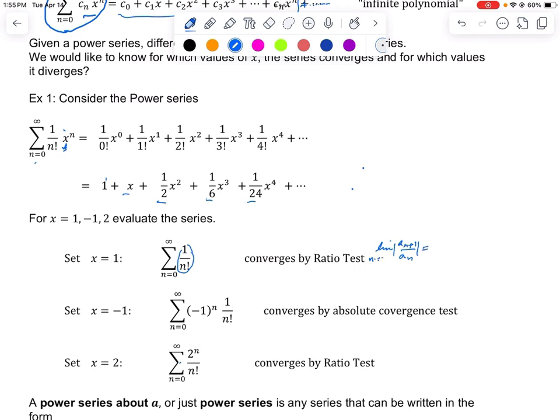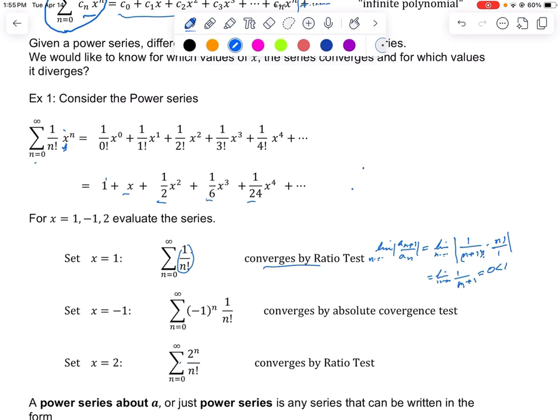That will be equal to the limit as n goes to infinity of 1 over (n+1) factorial divided by 1 over n factorial, which will be n factorial over (n+1) factorial. So you can see that we end up getting the limit as n goes to infinity of 1 over n+1, and that is 0. So this is less than 1, so it converges by the ratio test.